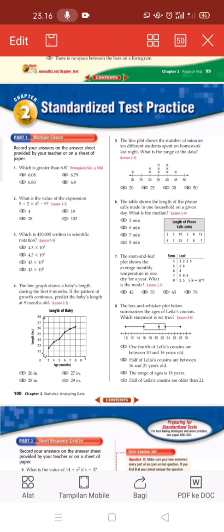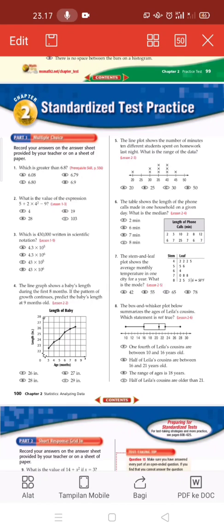J. 29 in. 5. The line plot shows the number of minutes different students spent on homework last night. What is the range of the data? A. 20. B. 25. C. 30. D. 40.